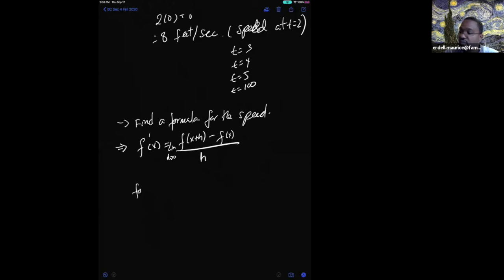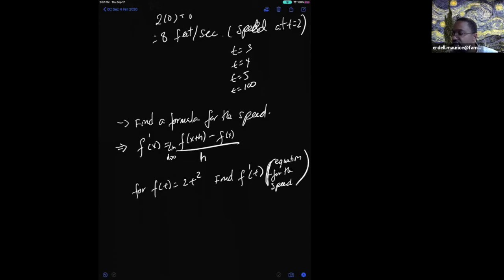For f of t equals 2t squared, find the derivative using the 4-step process. Find f prime of t, which will be an equation for the speed of the vehicle. Go ahead and try that for me, please, and thank you.